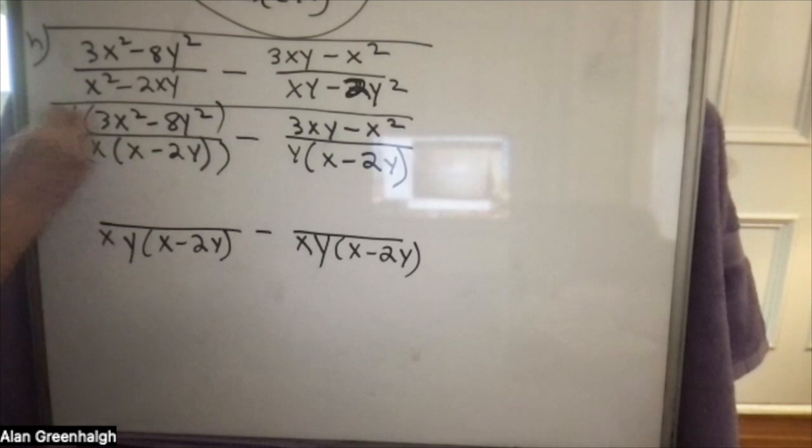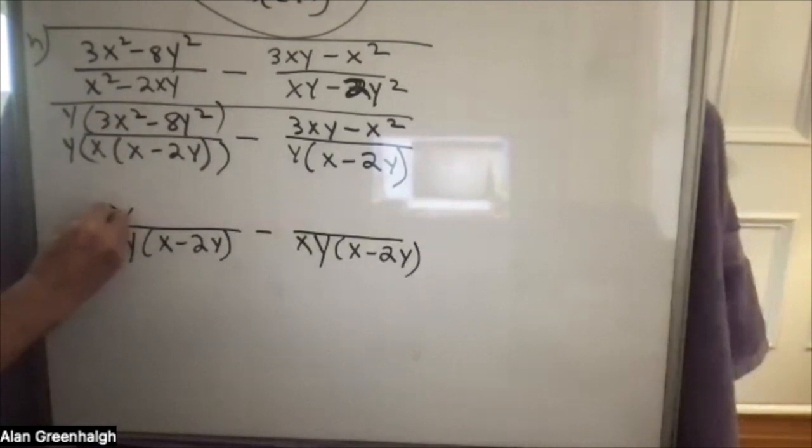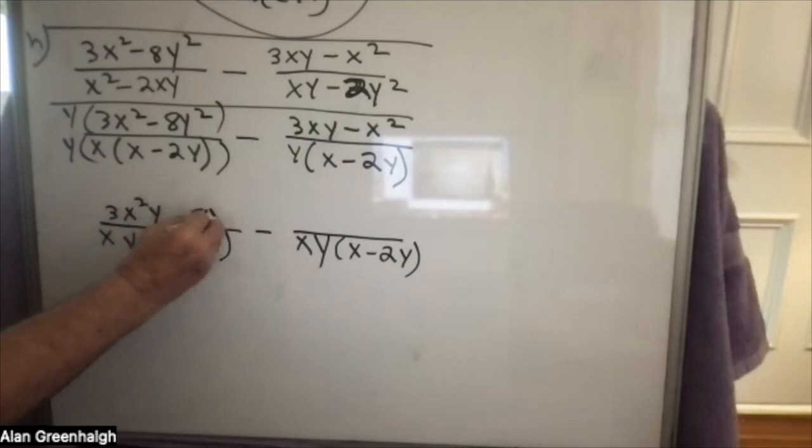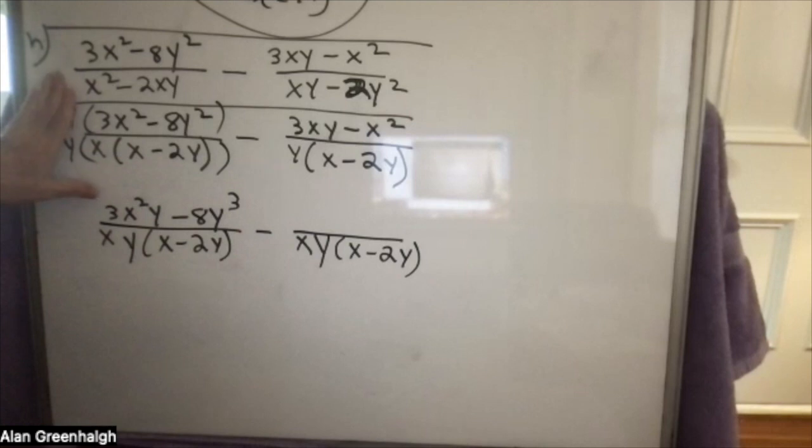And this will give us 3x squared y minus 8y to the third. Again, this is what we have. The old denominator, the new denominator. We need a y. You put that in. 3x squared y, that's this part.